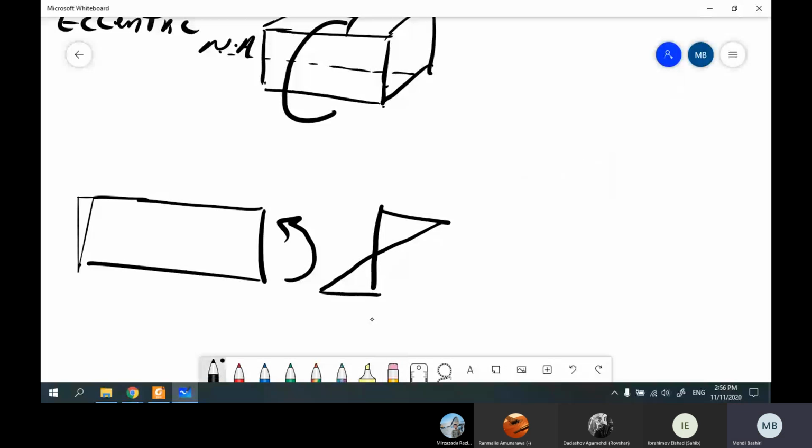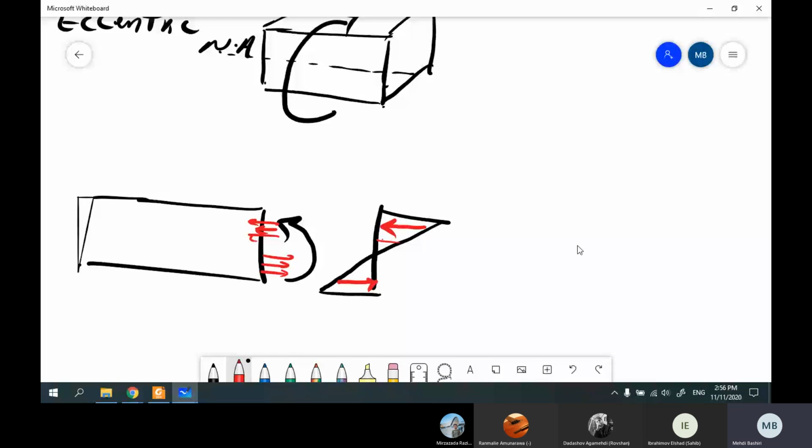What would happen in this case? One part is under compression like this, the other part is under tension. Okay, the stresses are like this. So in this case, the distribution is symmetric.